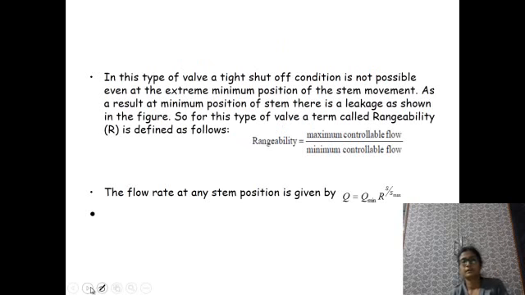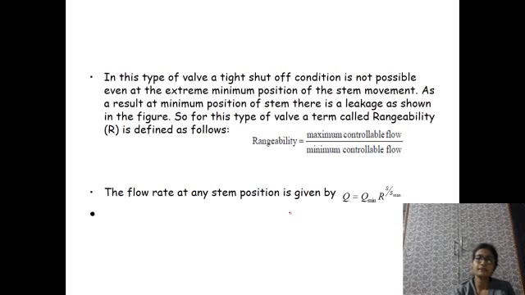So the problem is, for this type of valve, tight shut-off condition is not possible, since even at 0 position there is a leakage, there is a minimum flow rate. So even at extreme minimum position of the stem movement, a minimum flow exists. As a result, at minimum position of the stem, there is a leakage.